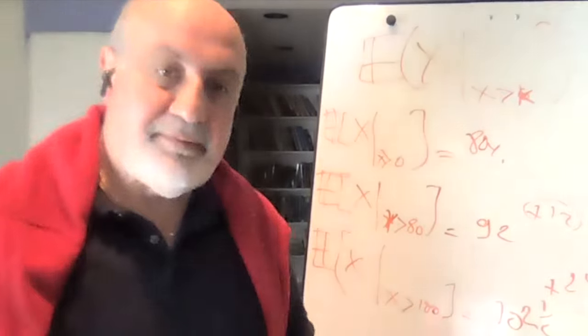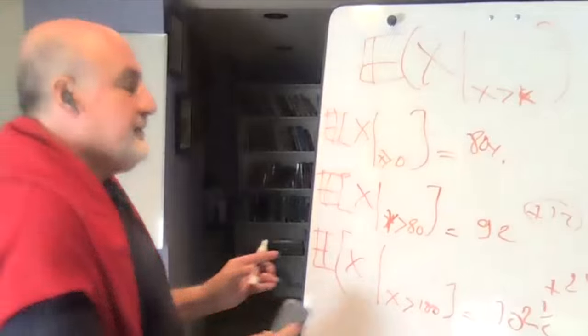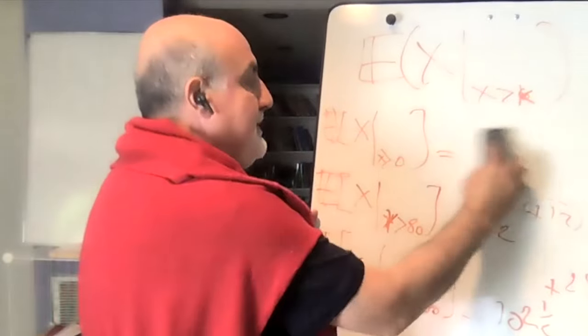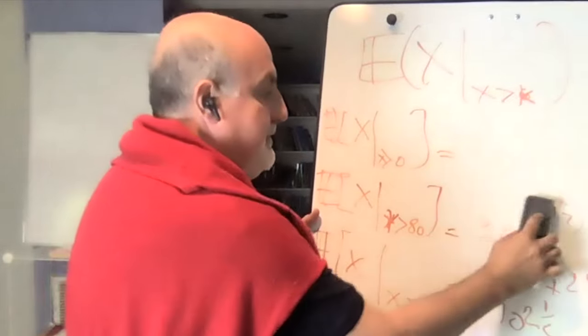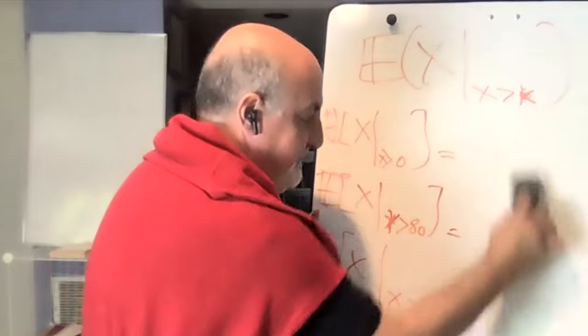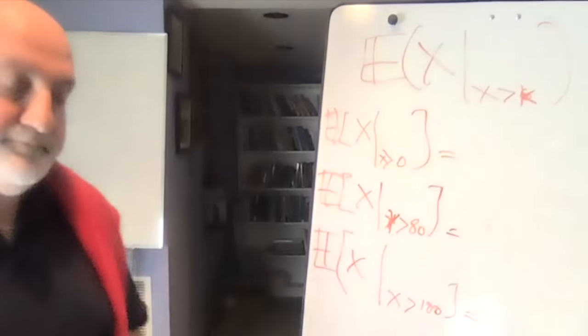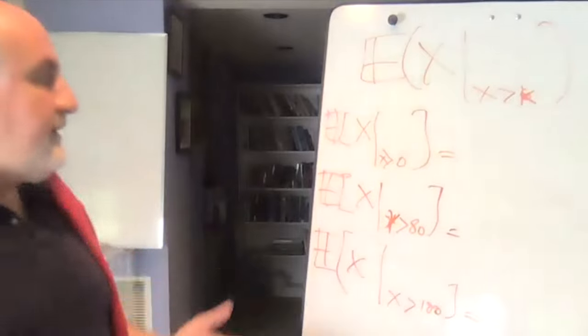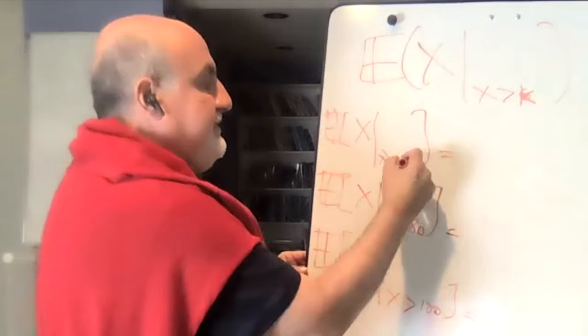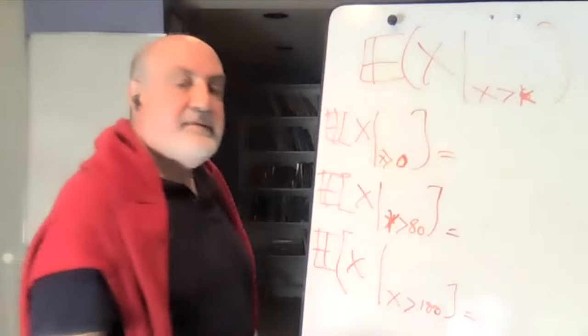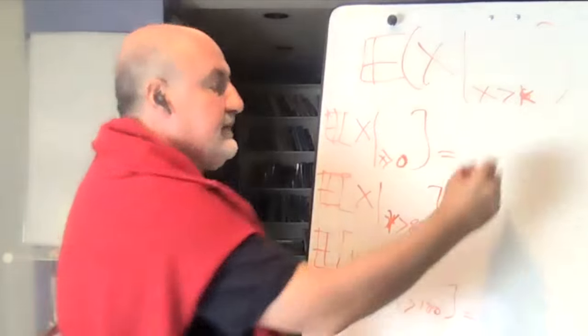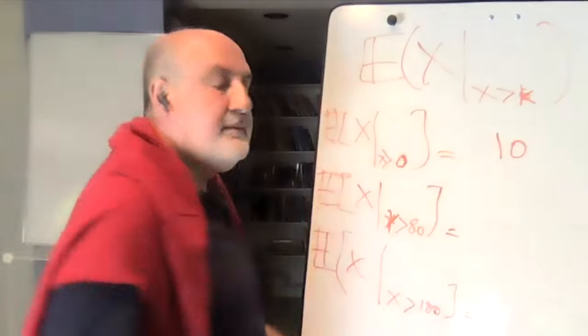Now for power law, you don't have this property. So let's say now we're increasing numbers. Typically for a power law, let's say we start here with the expectancy of X higher than 0. It's going to be 10.